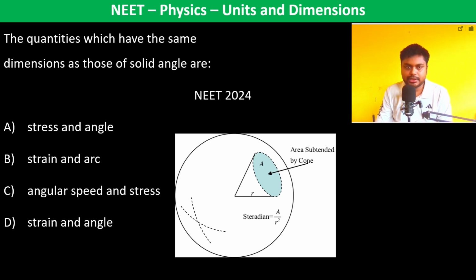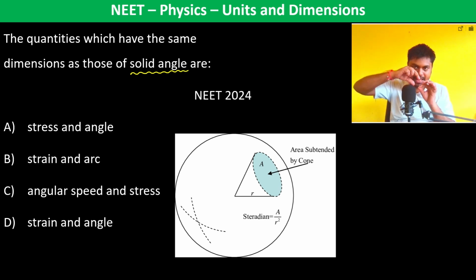The quantities which have the same dimensions as those of the solid angle. So now what is solid angle? Solid angle is like we have a sphere, and a part of the sphere is connected to the center. When it is connected to the center, it is subtending a solid angle, which is given by omega.